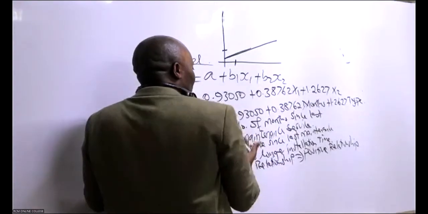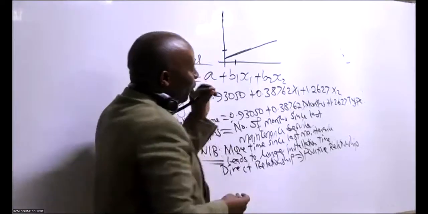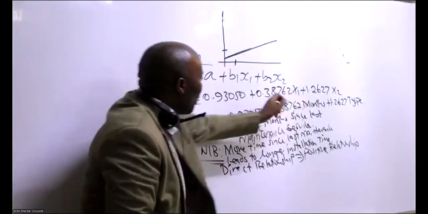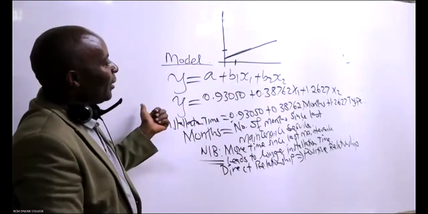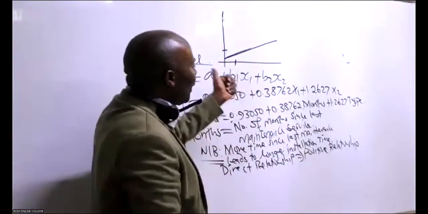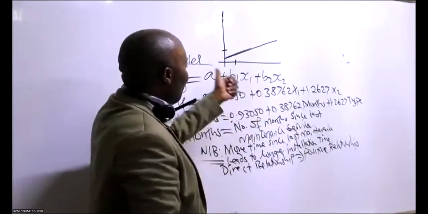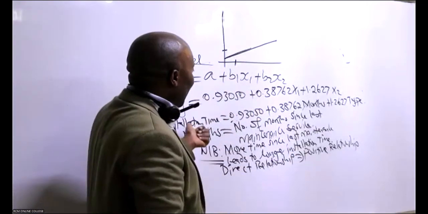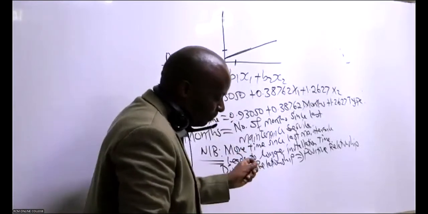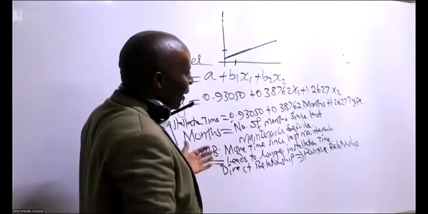So then we ask ourselves, do we have a positive gradient between this x1 and y? Is the gradient positive? Because we have a positive relationship, isn't it? If the gradient is positive between x1 and y, automatically that shows plausibility. It makes sense.